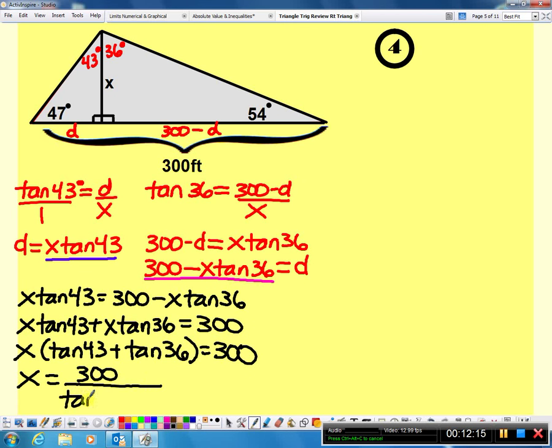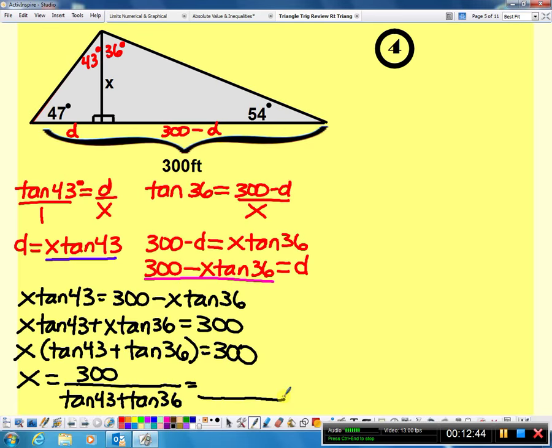So I've gotten the problem calculator ready. All you need to do at this point is run your calculator the one time. The less often that you run your calculator, the more quickly you're going to work through these problems. And the added bonus is that your answers will be more accurate. Once again, if I had wanted to use the 47-degree angle and the 54-degree angle instead of the 43 and 36-degree angles, I could have, and it would have worked out very, very similarly.